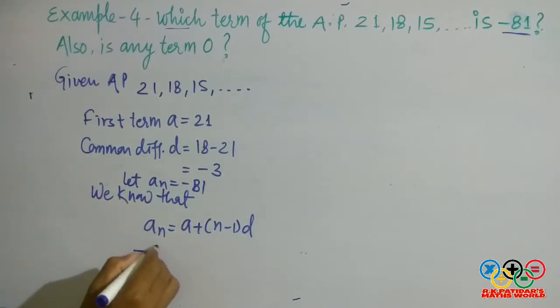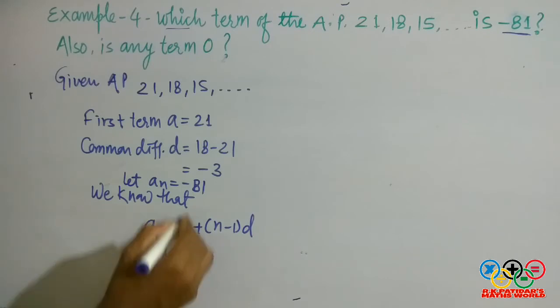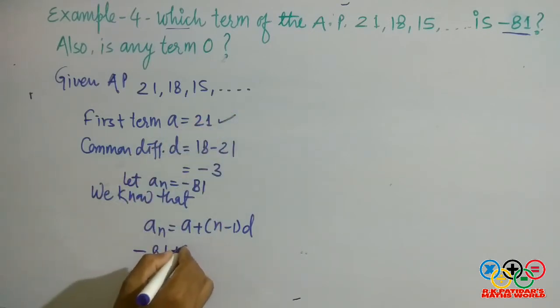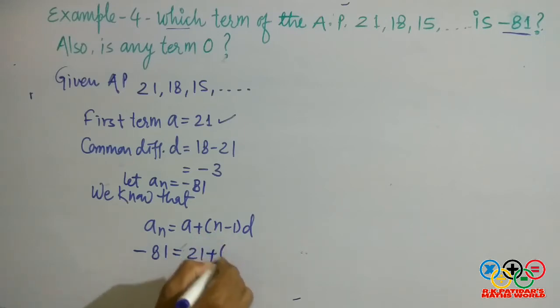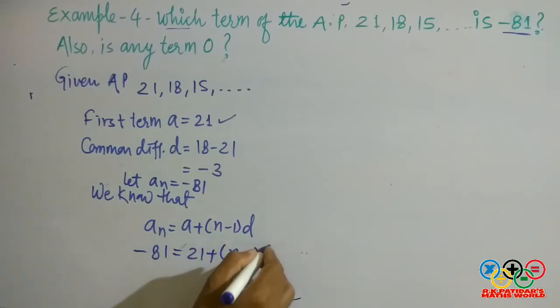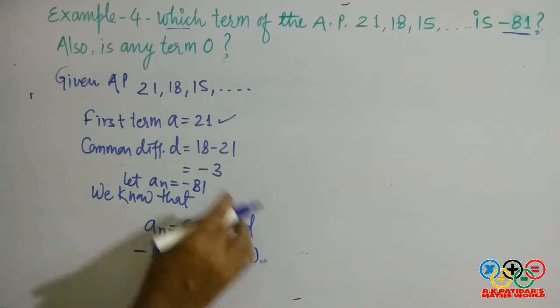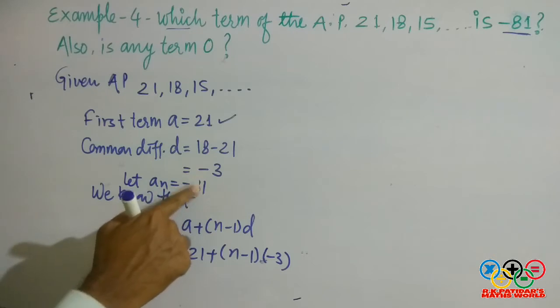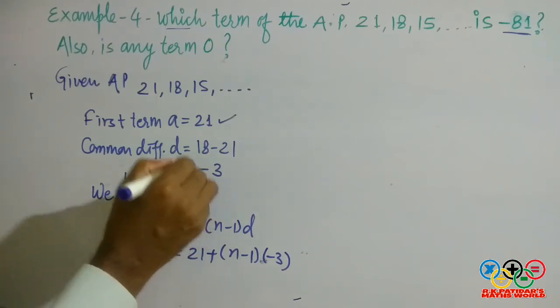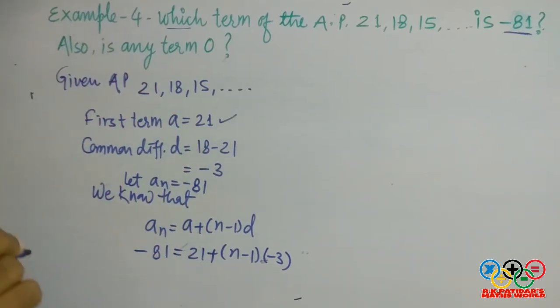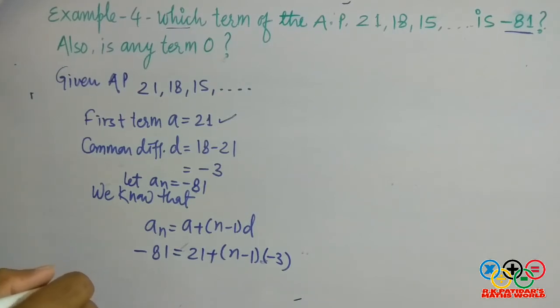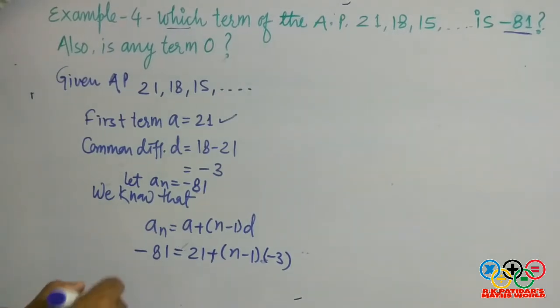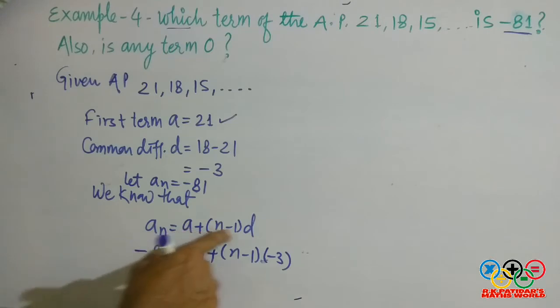So this is minus 81 equals a, which is 21, plus (n minus 1) into d. We don't know the number of this term, but we know d is minus 3. मैंने इस वीडियो के फर्स्ट में डिस्कस किया था कि आउट ऑफ 4 थिंग्स 3 थिंग्स विल बी गिवन, वी हैव टू फाइंड आउट द फोर्थ थिंग. Okay, so here an is given, a is given, d is given, we have to find out n.